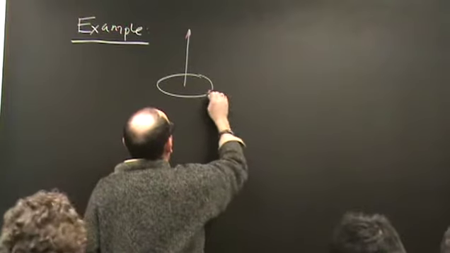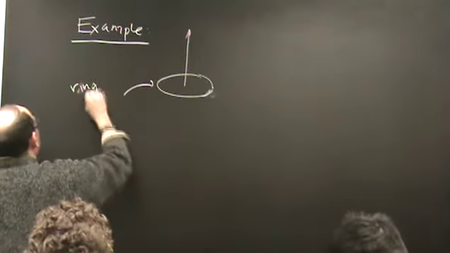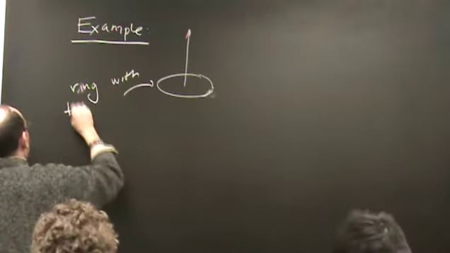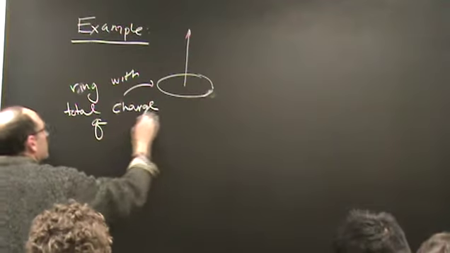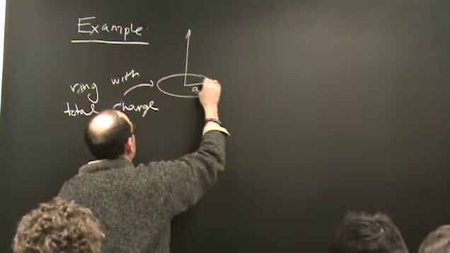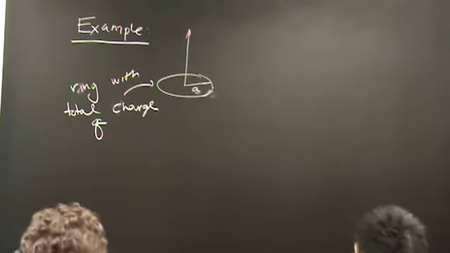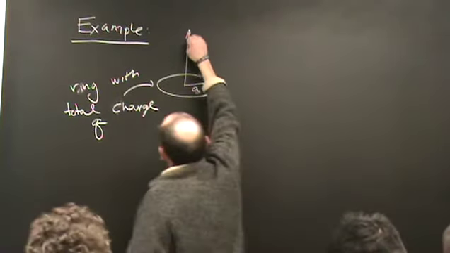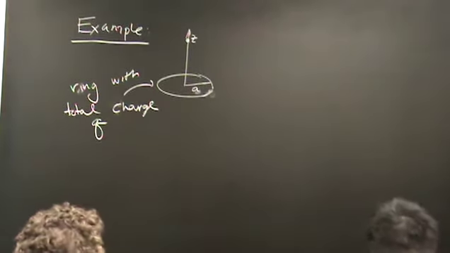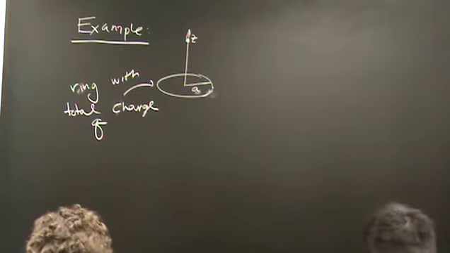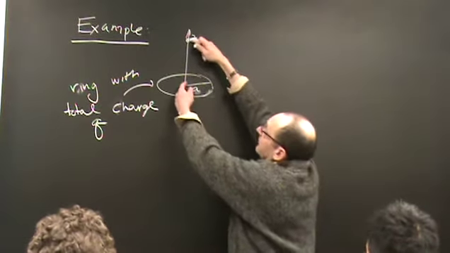It's a ring with total charge Q and radius A. When we looked on the z-axis, we could write down the potential exactly, which we did last time, and then we did an expansion when this distance is big compared to the ring.